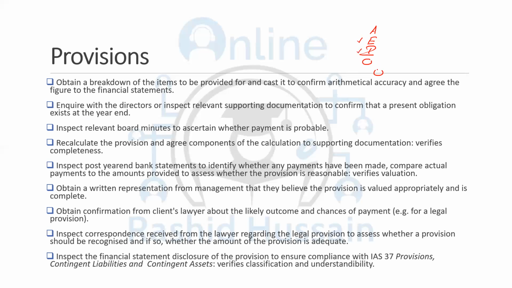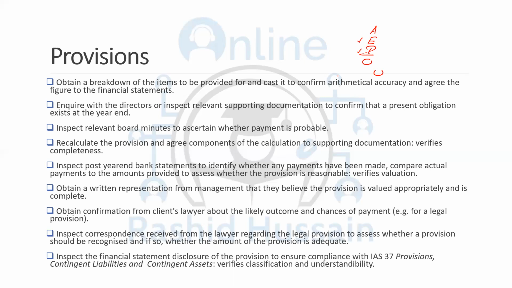For example, if you talk about the revaluation, it's the independent valuer's report that you are going to inspect. If it's about, for example, the litigation, then it's actually the litigation letter received from, for example, any supplier or customer. And similarly, the correspondence with the lawyers and with the customers and with the suppliers.